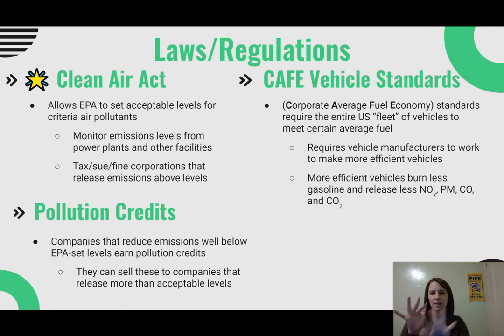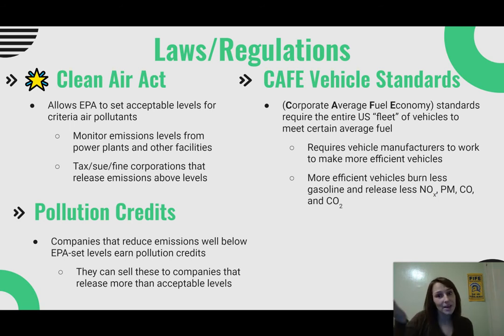And so it's kind of this like trading where the better companies can sell their credits to the ones that have more emissions, and it can kind of offset those emissions from the EPA's standards for those companies that are below those standards. And so it's kind of a way where you can trade it around to make it so that overall we're doing better, so the EPA finds it's good.